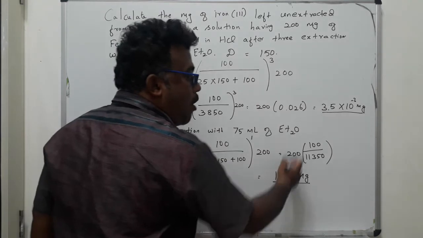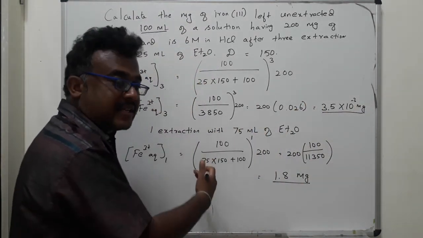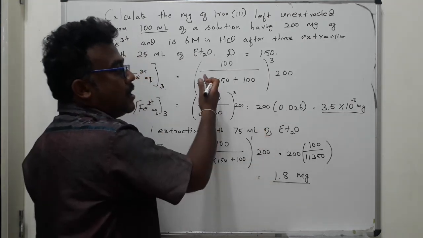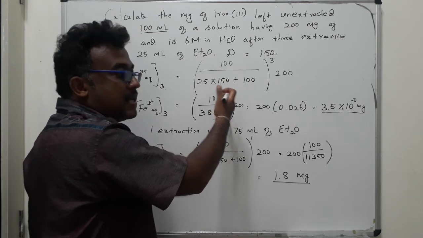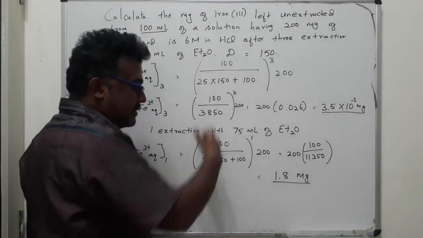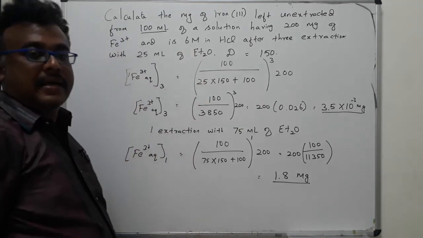You can see how efficient it is. Instead of using 1 extraction with a large volume of organic solvent, multiple extractions with the same total volume of organic solvent are more efficient, so the first case is more efficient than the second case.